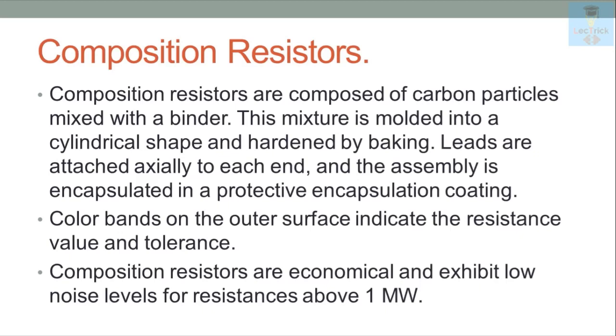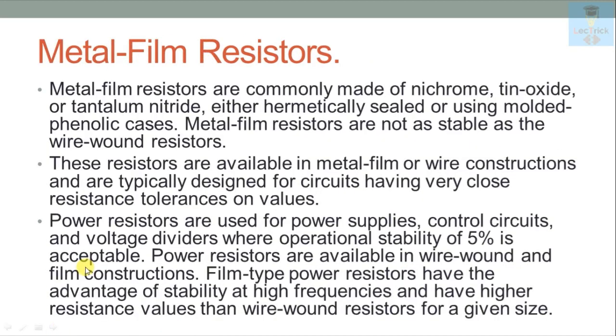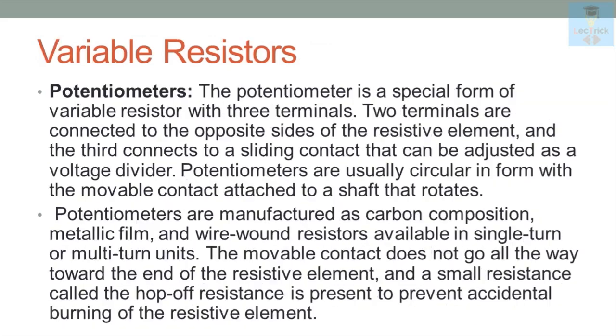Composition resistors are economical and exhibit low noise levels for resistance above 1 mega ohm. The metal film resistor, power resistors are used for power supplies, control circuits, and voltage dividers where operation stability of 5% is acceptable. Power resistors are available in wire wound and film constructions.